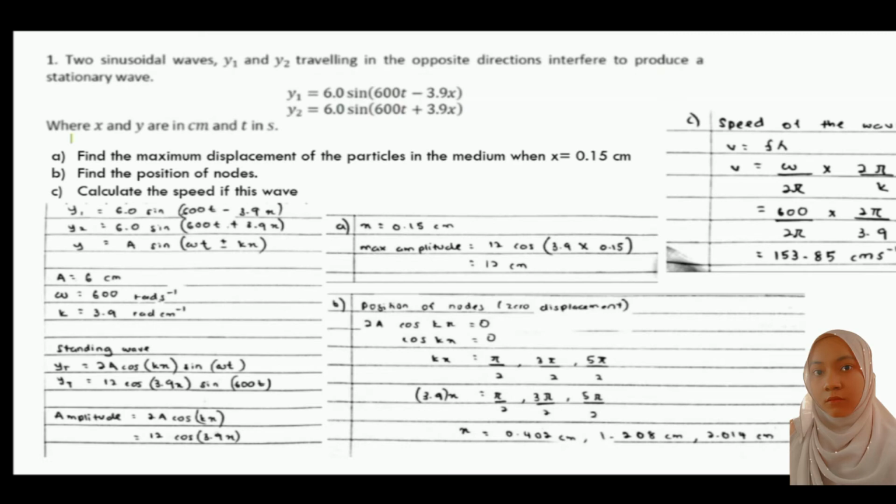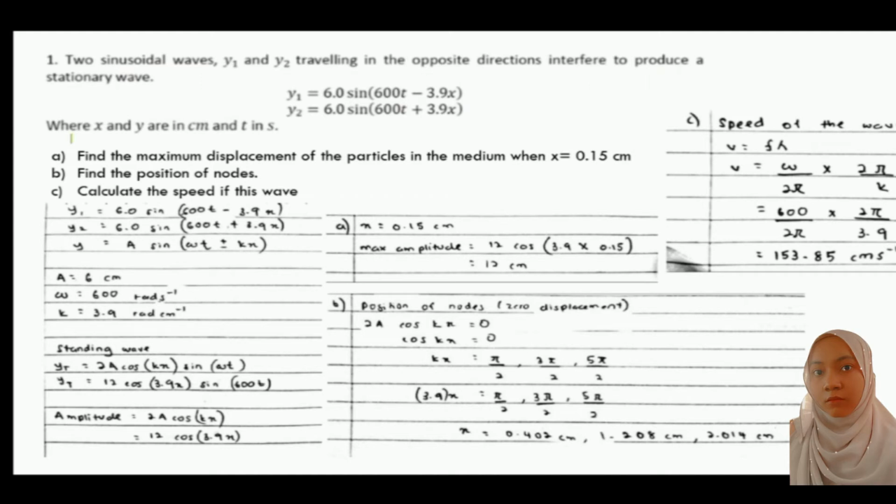For the second question, two sinusoidal waves y1 and y2 travelling in opposite directions interfere to produce a stationary wave. y1 equals 6 sin(600t minus 3.9x), y2 equals 6 sin(600t plus 3.9x), where x and y are in cm and t in s. Part A, find the maximum displacement of the particles in the medium when x equals 0.15 cm.